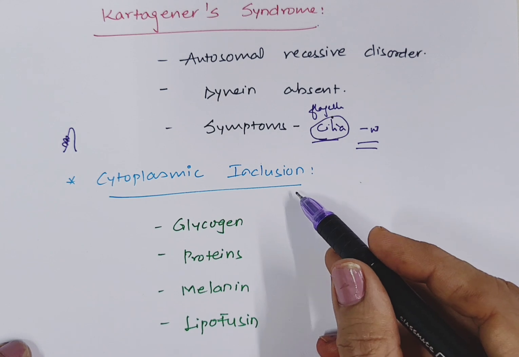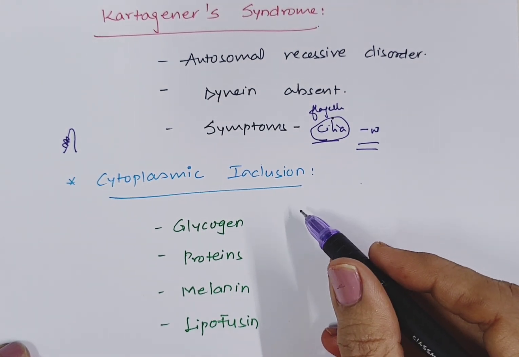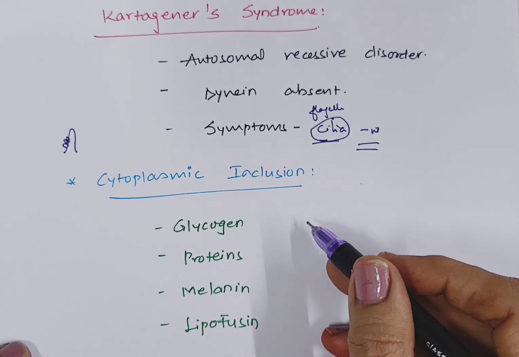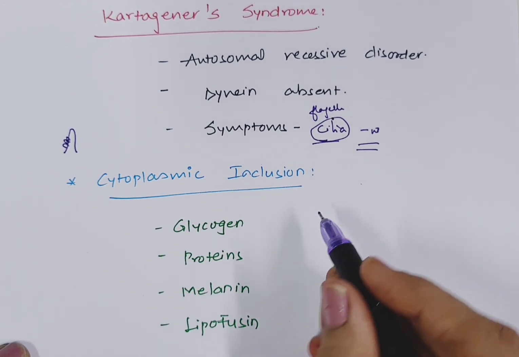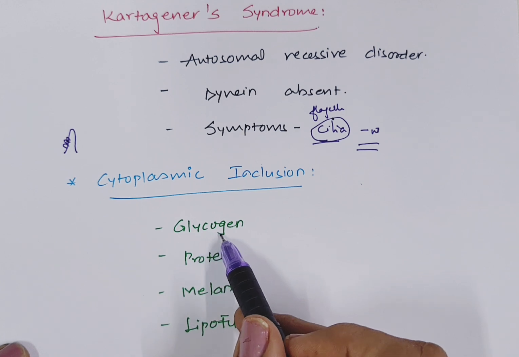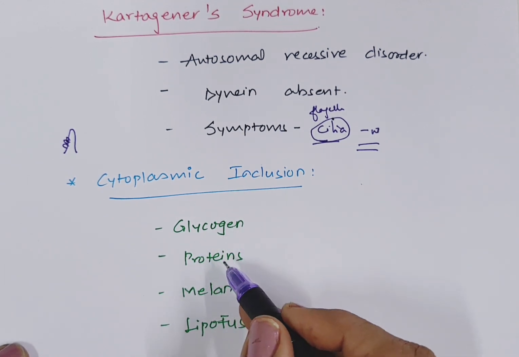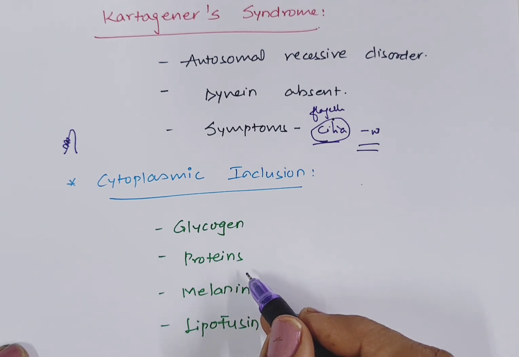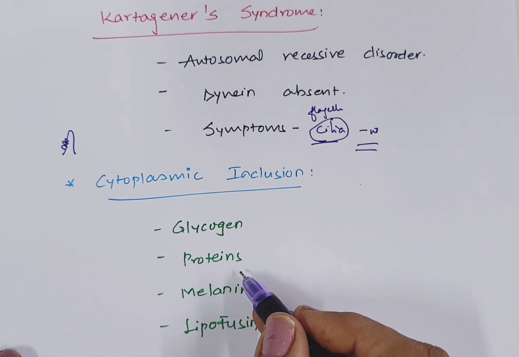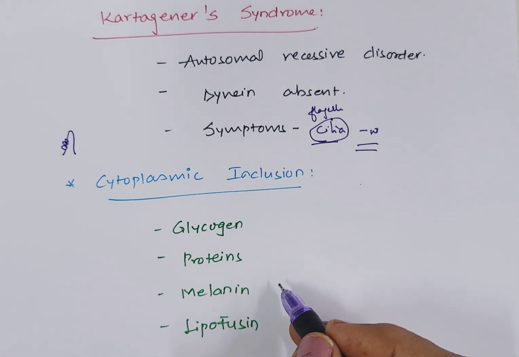Cytoplasmic inclusions. These are not organelles, but in some cells these inclusions are present. Sometimes they are present or may be absent. Now, which are these inclusions? One is glycogen. It is present in liver cells and skeletal muscles. Fat is present in adipocytes, liver cells and the adrenal cortex. Proteins are present in secretory granules, in secretory glandular cells. Melanin pigments are present in the epidermis as well as in the retina and basal ganglia.